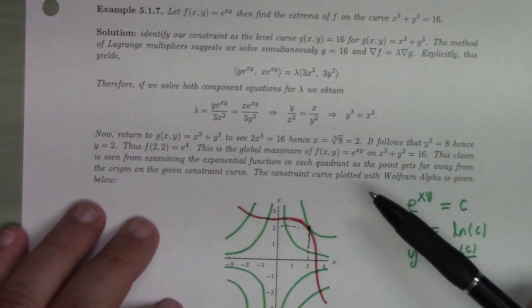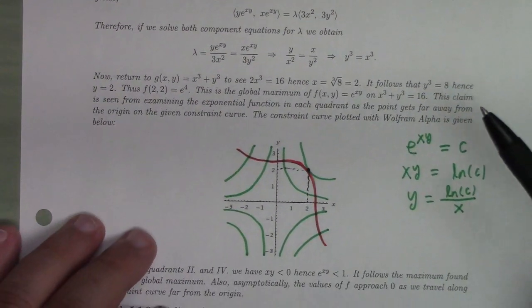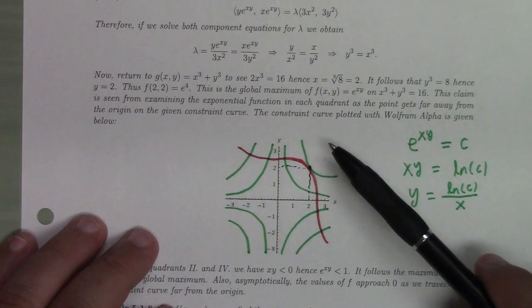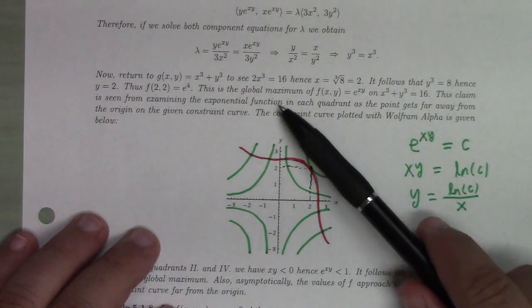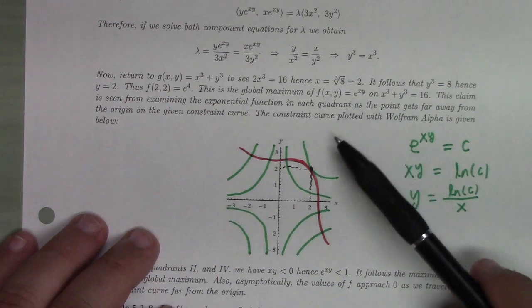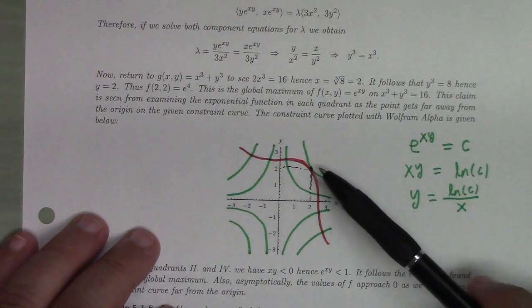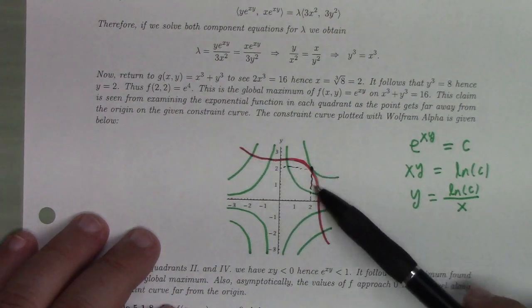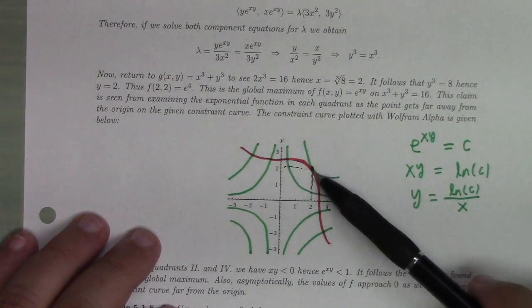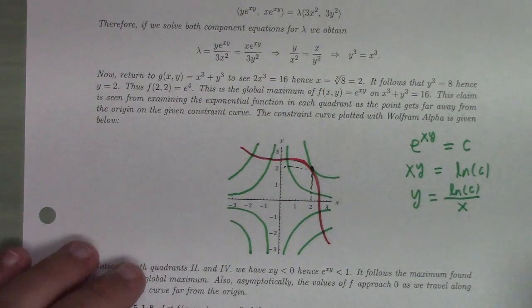This claim is seen from examining the exponential function in each quadrant as the point gets further away from the origin on the constraint curve. I'm not saying that it's immediately obvious that that's a global maximum, but it's a potential maximum or potential minimum. If you actually study what happens to the values numerically, you can see that in fact that is a global maximum.